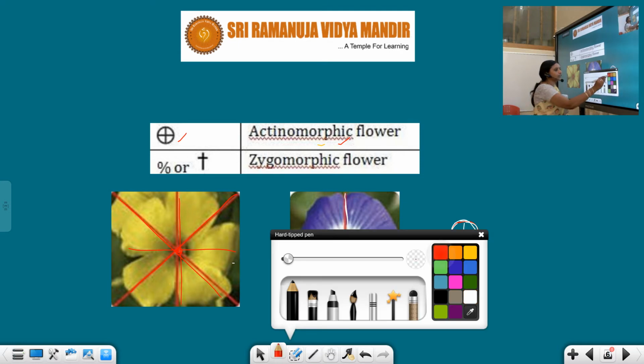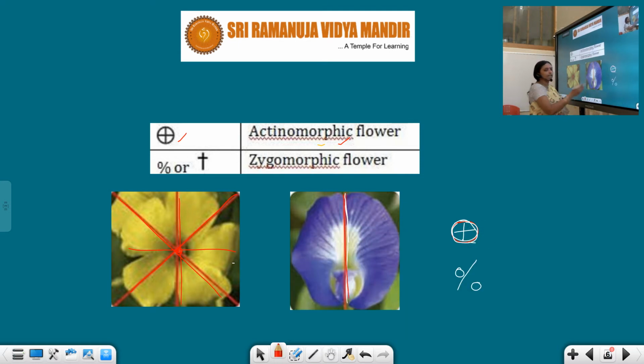So here you can observe, this flower is Clitoria ternatea, which belongs to the Fabaceae family, and in the Fabaceae family we have seen that one large petal is there, and two wing petals are there, and two keel petals are there, and they are of different sizes. So this flower is called zygomorphic, and from only one plane it can be divided into two equal halves. So this type of zygomorphic flower we can show by putting a percentage sign. I hope you understood here.